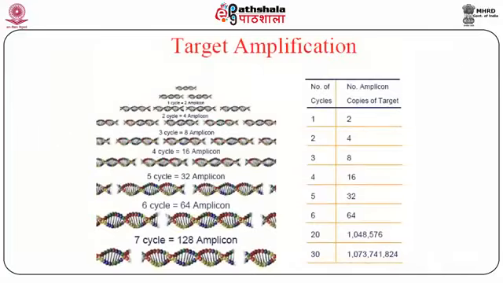If you calculate, the first cycle gives 2 copies, second cycle is 4, third cycle is 8, fourth is 16, fifth is 32, sixth is 64, and after the 20th and 30th cycle it is in the millions of amplicons of the target.